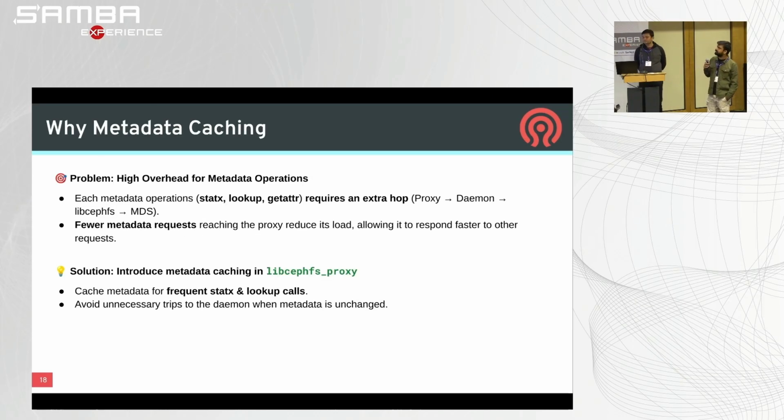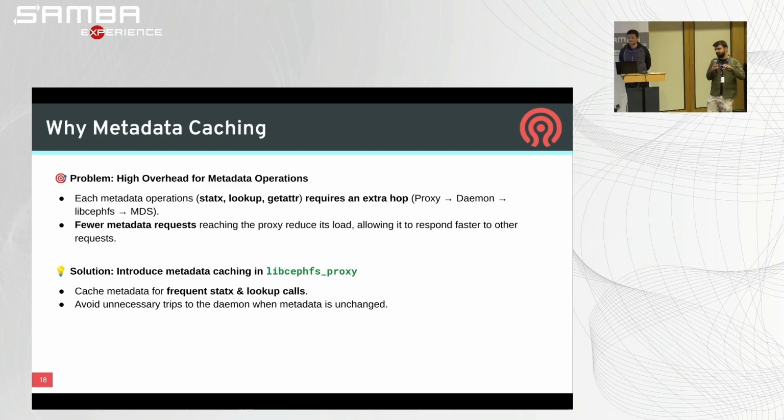Yeah, so right now there is an overhead. Let's say for any stat, lookup or get attribute metadata operations, you need an extra hop: the proxy goes to the daemon, and then the daemon will further call the actual libcephfs library, which will go further to the MDS. But what if we have a cache itself in the proxy?